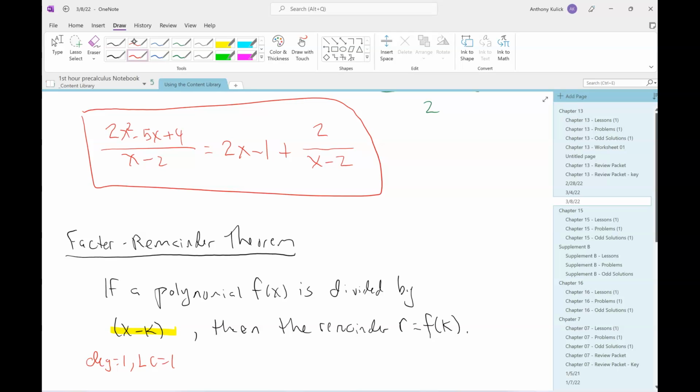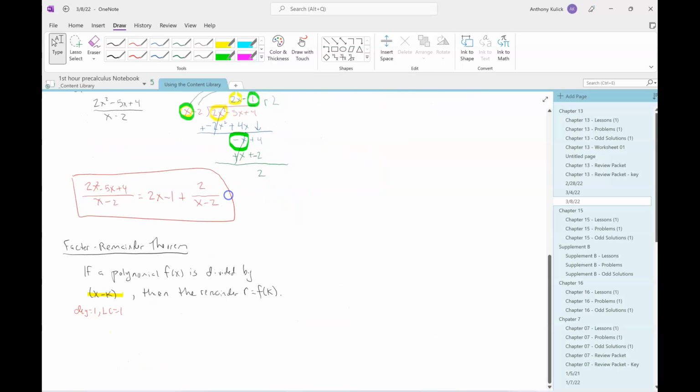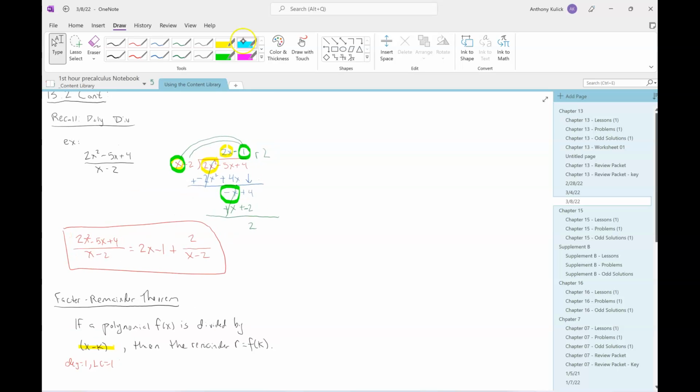So what this is saying in our case is that the remainder we get should be the same thing as if we plugged the thing in. If we go back to our previous example, notice that our divisor is in that form where the leading coefficient is 1 and the degree is 1.